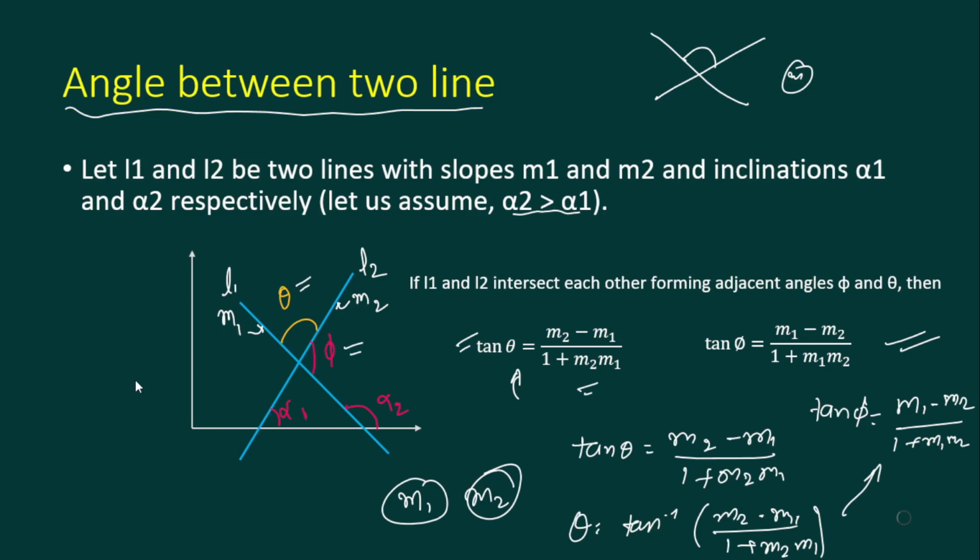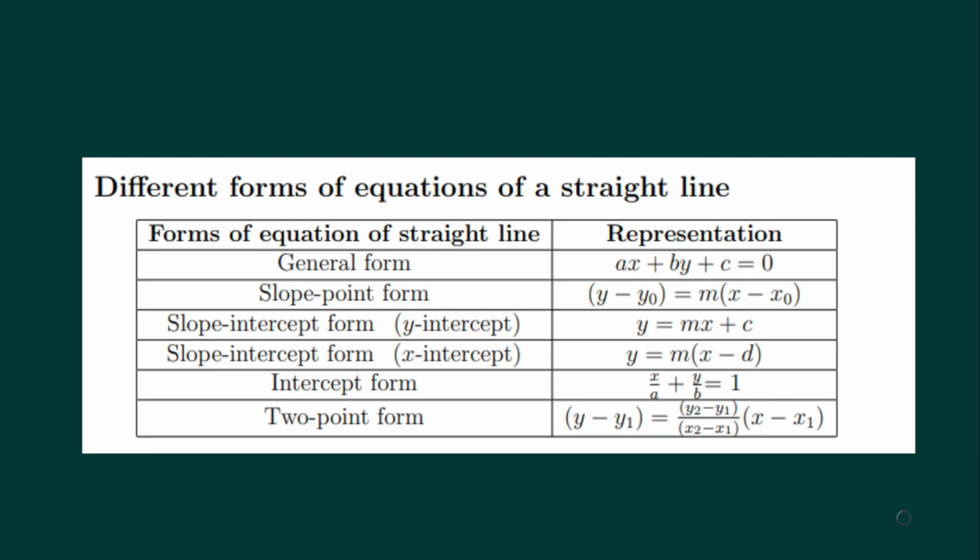If we talk about examples, there are many representations of the straight line. This is basically the general form of a line: ax plus by plus c equals 0.